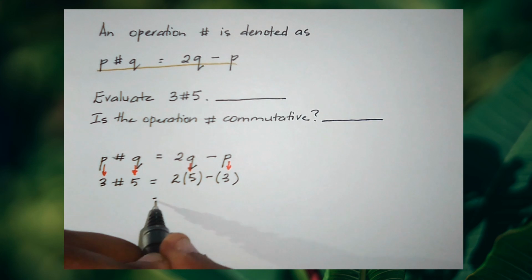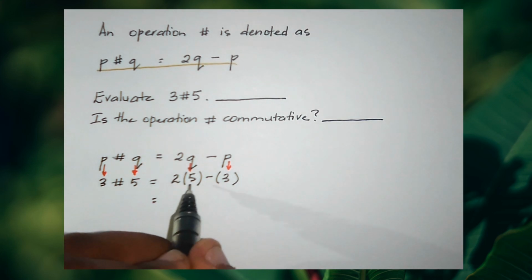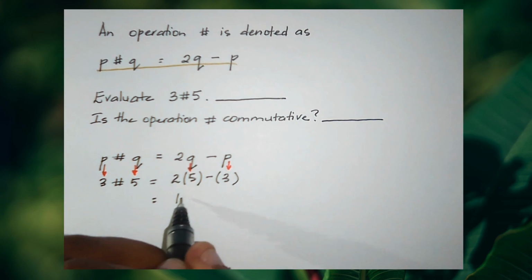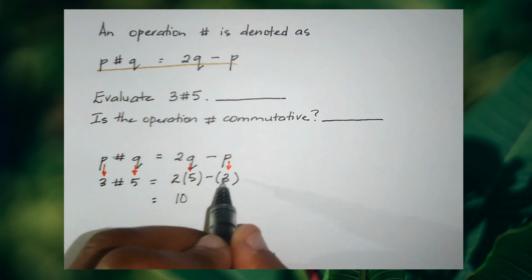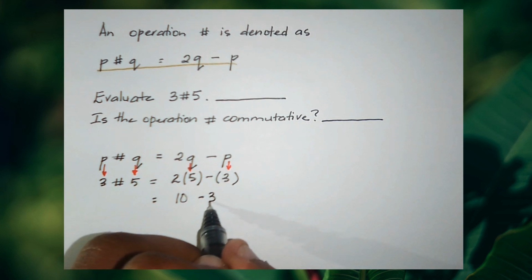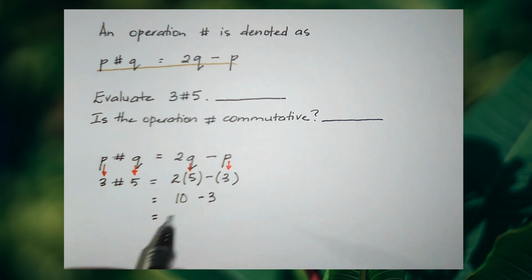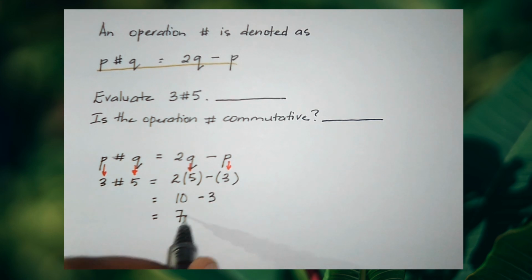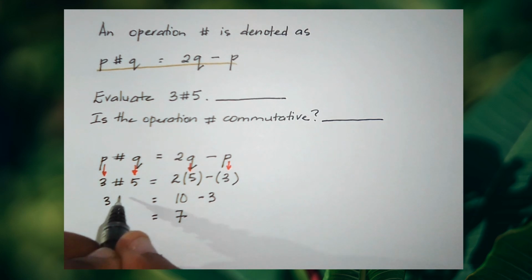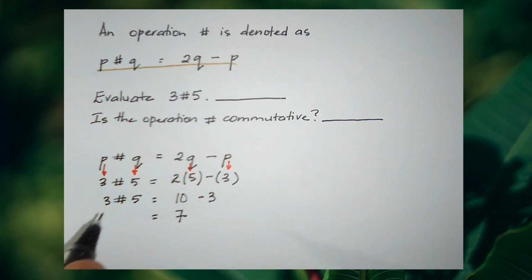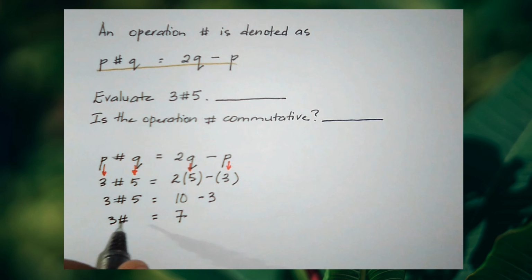And now it's just simple working out. 2 times 5, that's 10. And 10 minus this 3, so 10 minus 3 is going to give us 7. So 3 number sign 5 is going to be equal to 7.